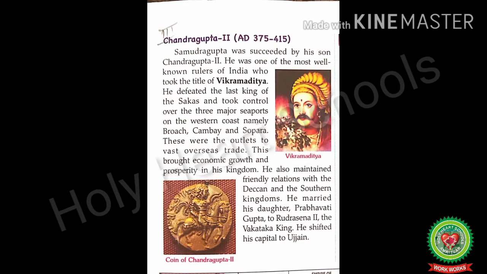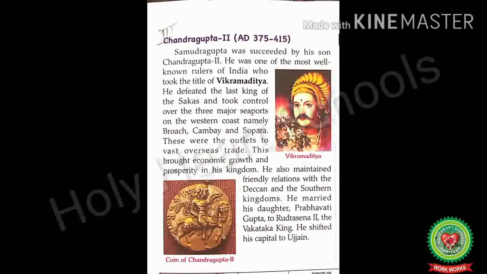Chandragupta II, AD 375 to 415. Samudragupta was succeeded by his son Chandragupta II. He was one of the most well-known rulers of India who took the title of Vikramaditya. He defeated the last king of the Shakas and took control over the three major seaports on the western coast, namely Broach, Cambay and Sopara.